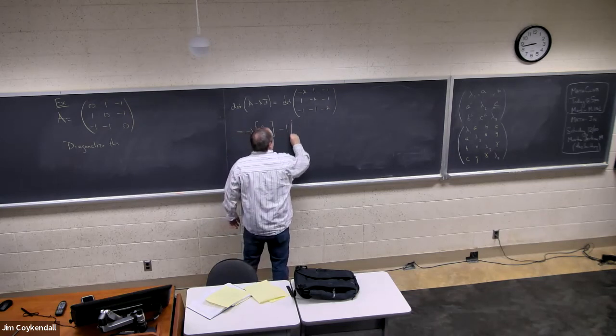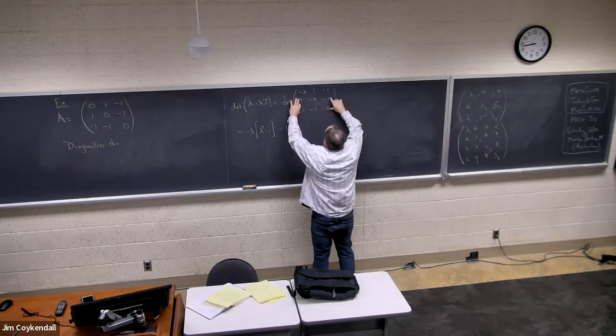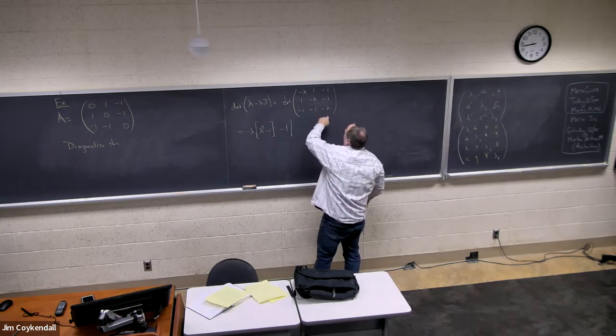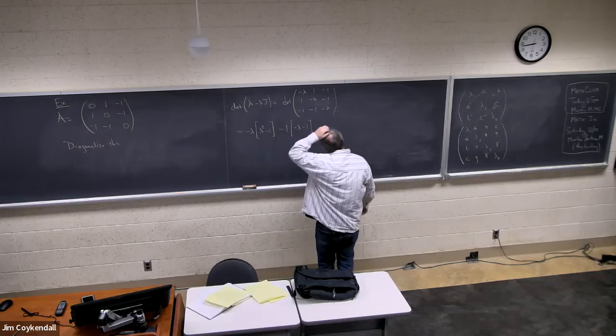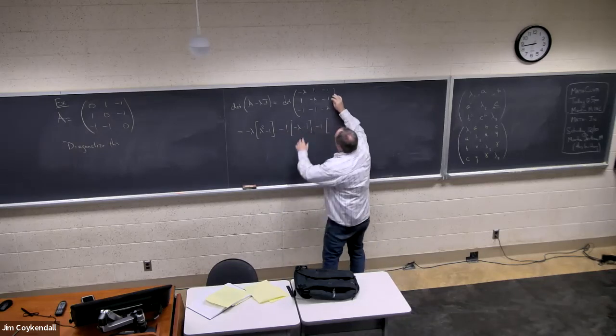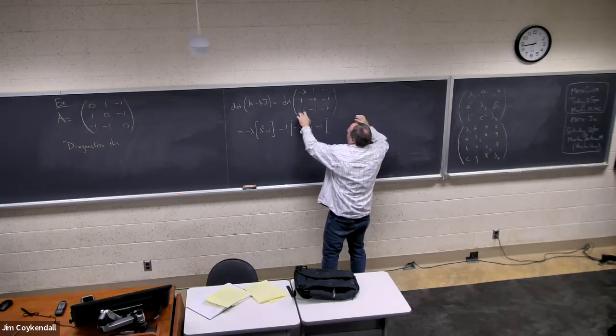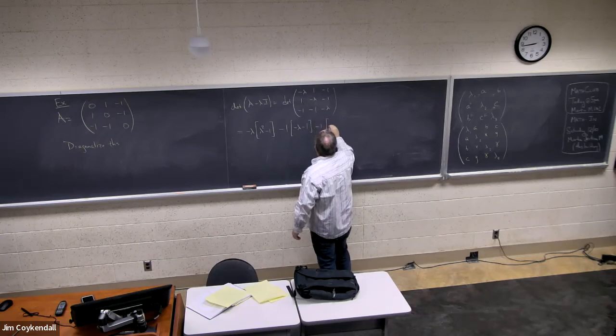Minus 1 times the determinant of this matrix here, that's going to be minus lambda minus 1. And then finally, minus 1 times the determinant of this matrix down here on the lower left. That's going to be minus 1 minus lambda.